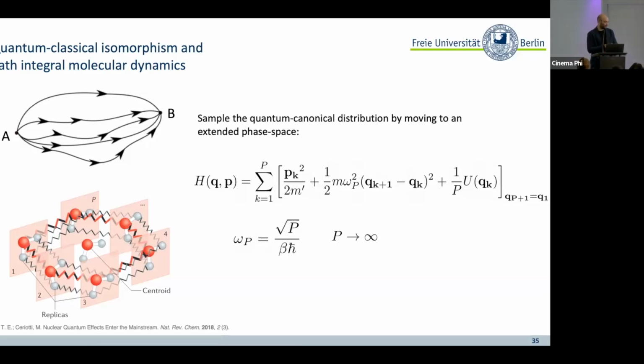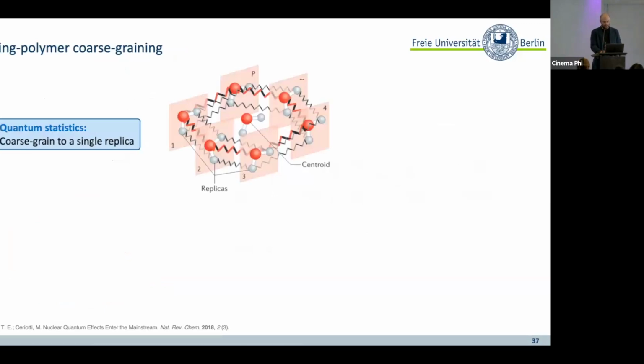So of course, as expected, where the quantum effect becomes more relevant, we need to add more replicas to the ring polymer in order to properly describe the quantum effect. And this is, again, something that is known for a long time.